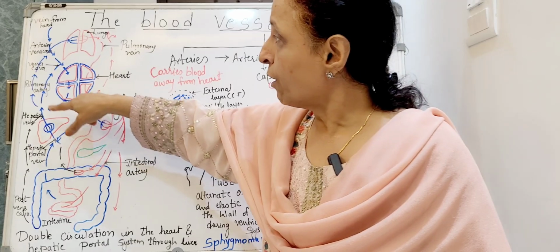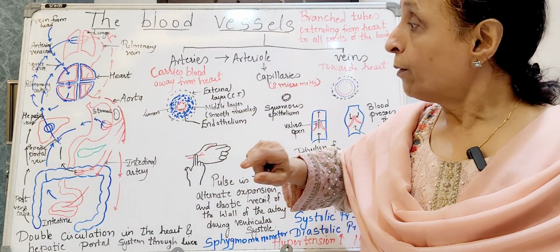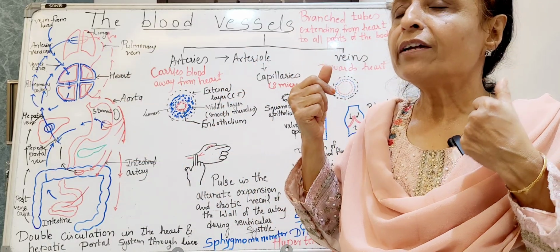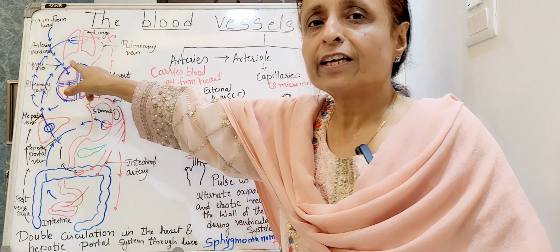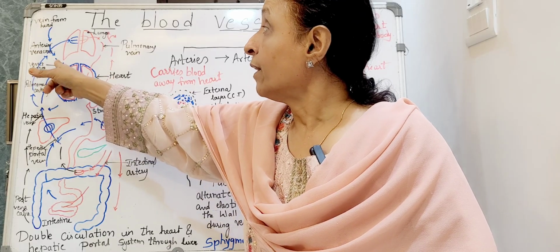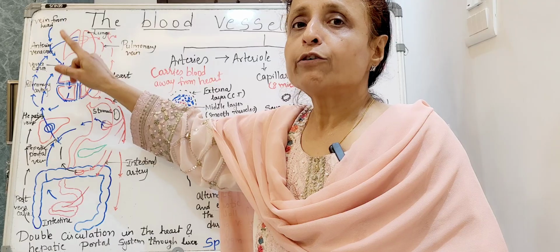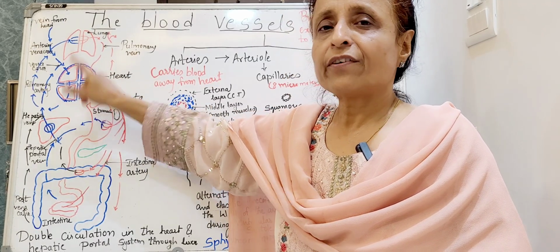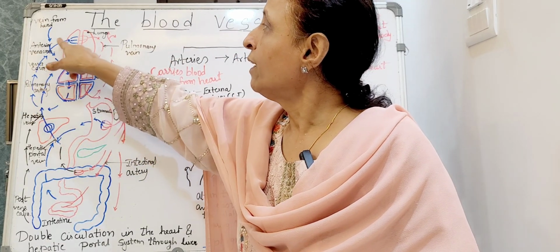So the hepatic portal vein and hepatic vein, which joins the vena cava. So this is now going to go to the heart. Both the vena cava, posterior vena cava from the posterior region and anterior vena cava from the anterior region, collect the blood into the right atrium. From the right atrium, it comes into the right ventricle. From the right ventricle, it goes into the lungs.